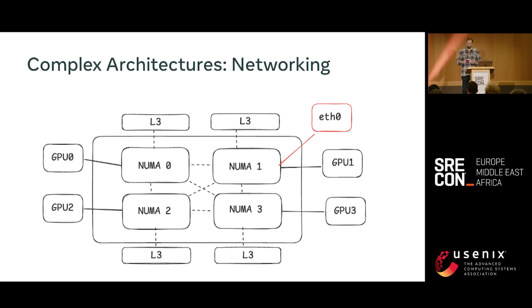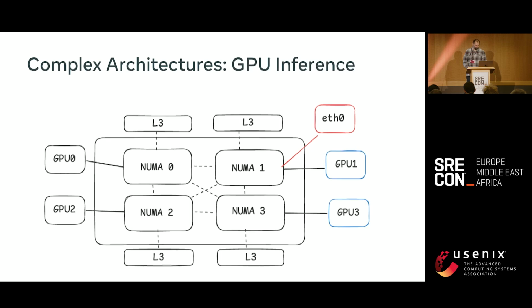But let's say your networking team comes to you and says, hey, we want to run our network cards at basically full throughput because we're trying to pull down a lot of training data and we need to have things scheduled properly. So we want to keep NUMA 1 with fewer things running on it so that we can handle our packets much faster.